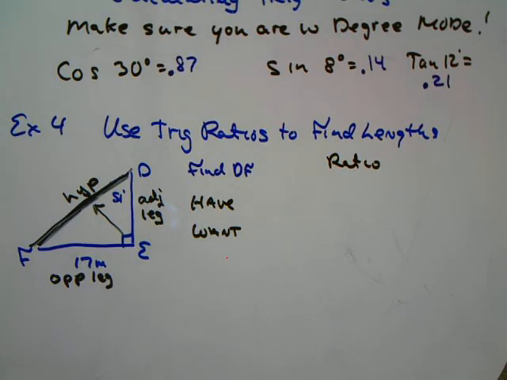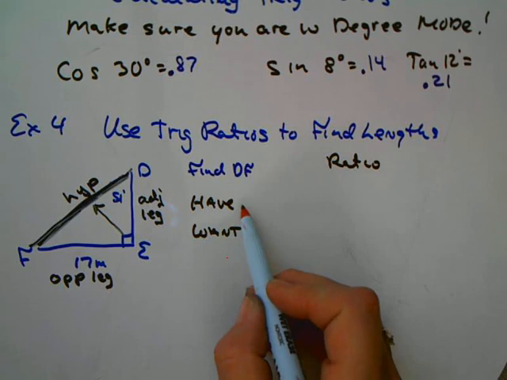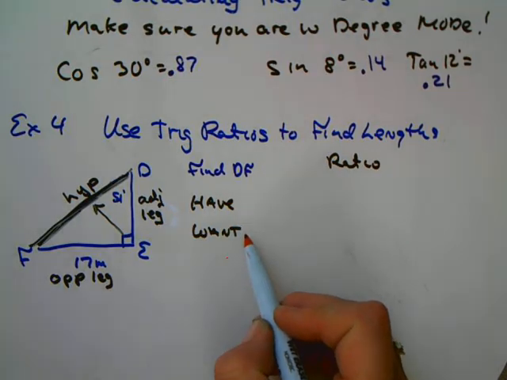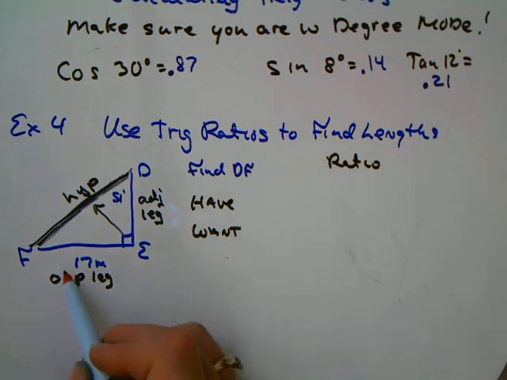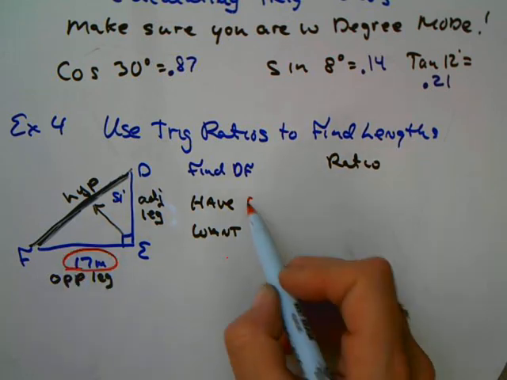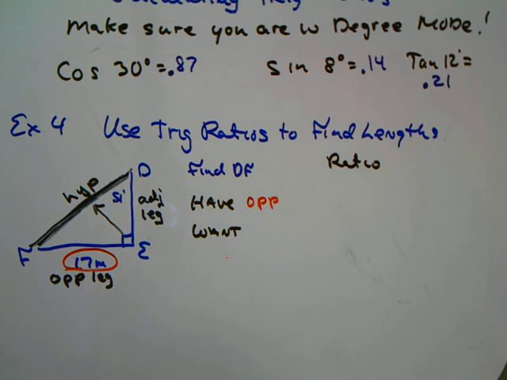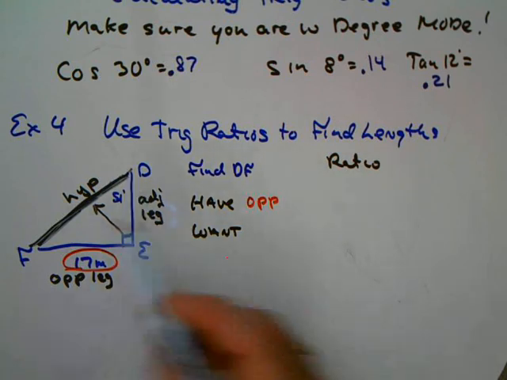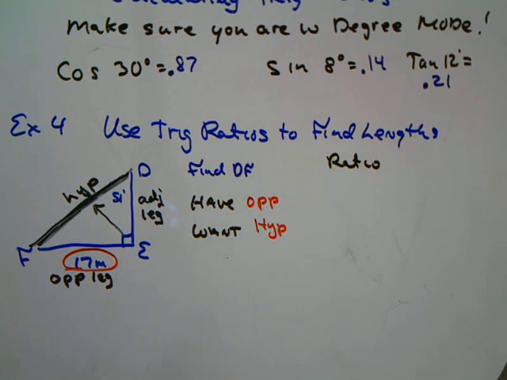So that's the first thing you do. That way you know what you're going to do. Then you think, what do I have and what do I want? You need to know those two things to write a ratio. I have the opposite leg. I want DF, which is the hypotenuse. So what are my choices?